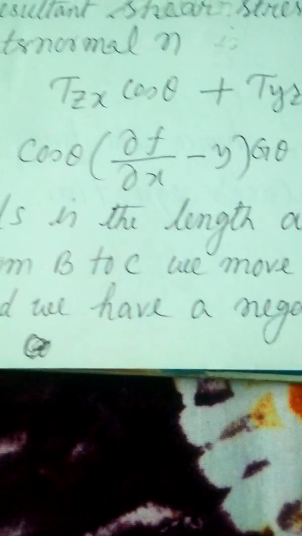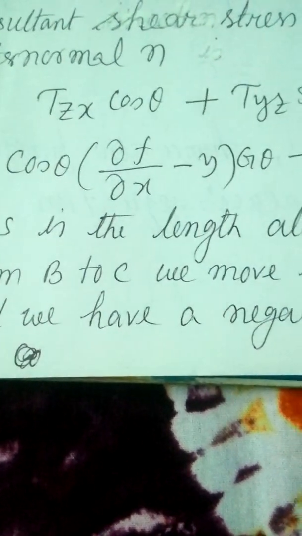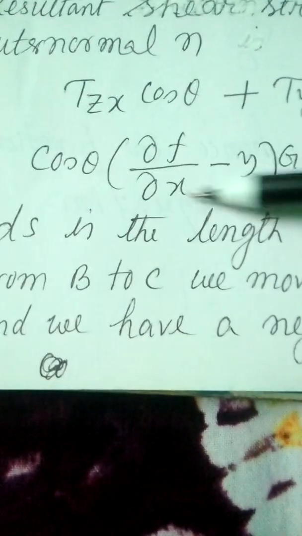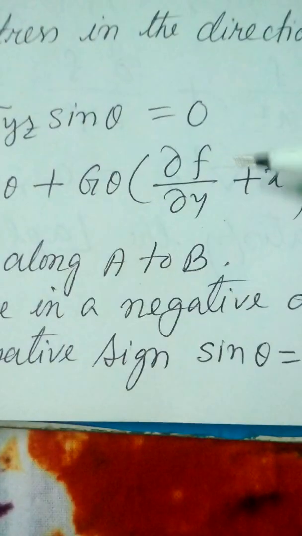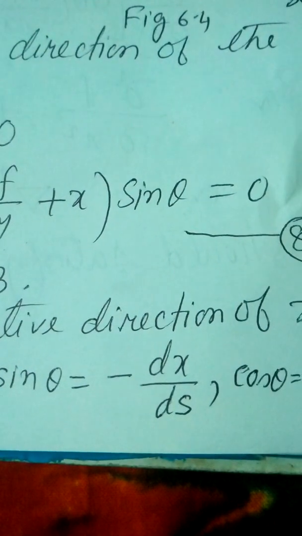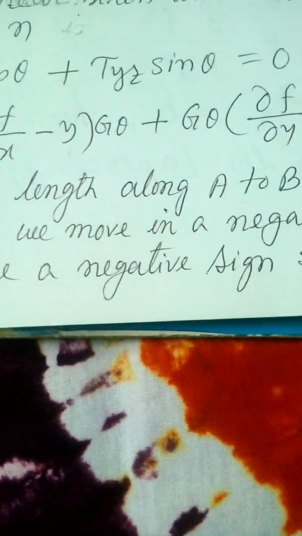The same area, no? So area cancels out. Or you can just replace this one by this, and replace this one by this, which we have got earlier. Okay, ds is the length along A to B.